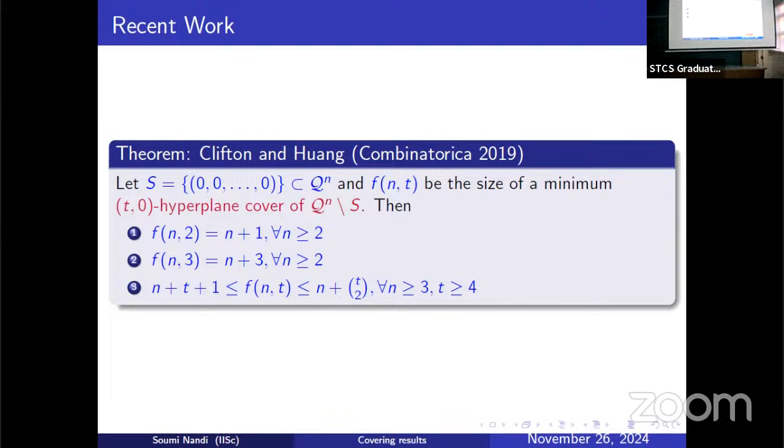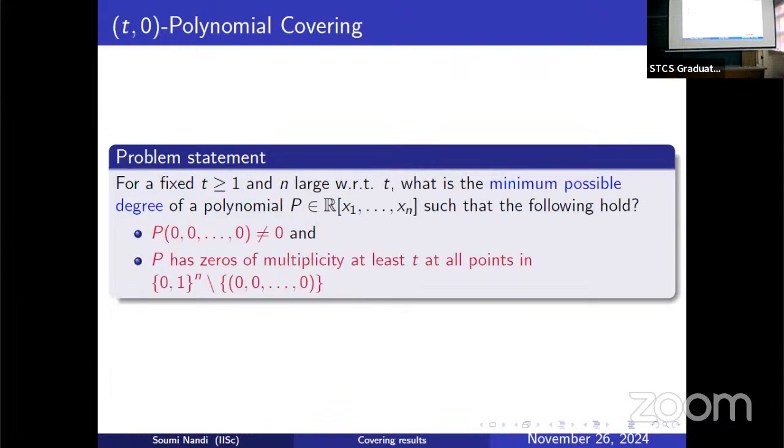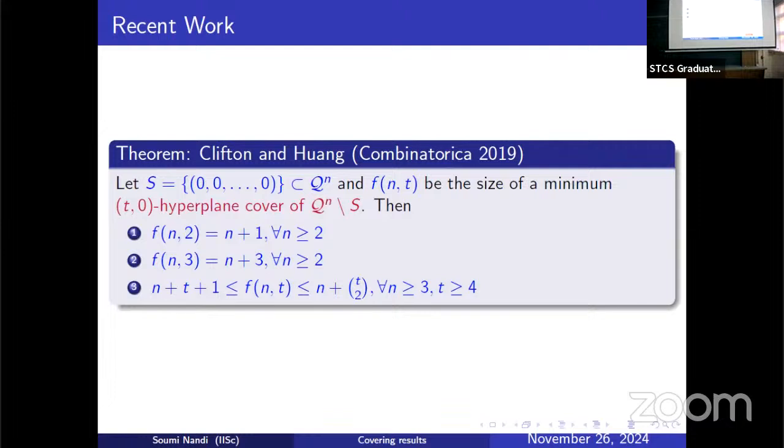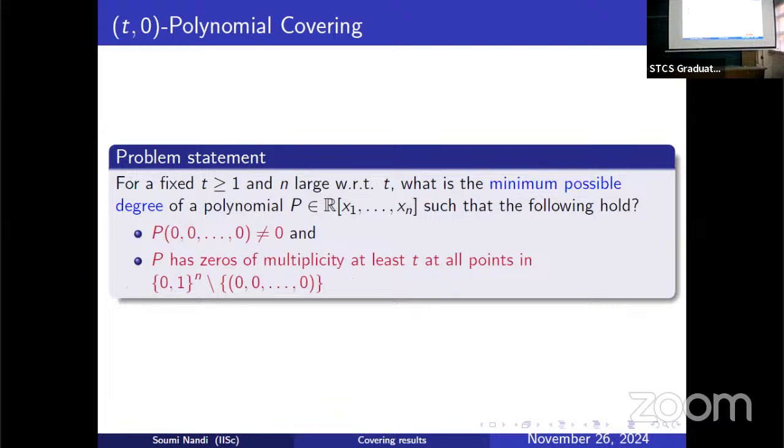So there is a huge gap between this lower bound and upper bound. So Clifton and Huang considered this T-fold covering for hyperplanes. Again we can ask the same question for polynomials.